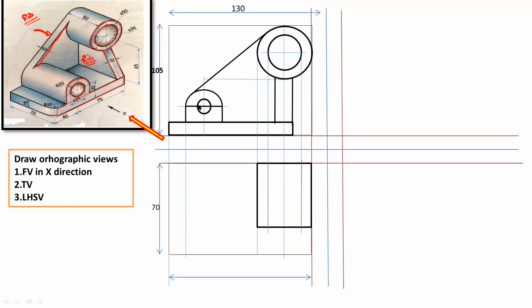Now next, take the projection from this point. This line will represent the side of the rectangle for this cylinder. This is the line which is visible in the top view.